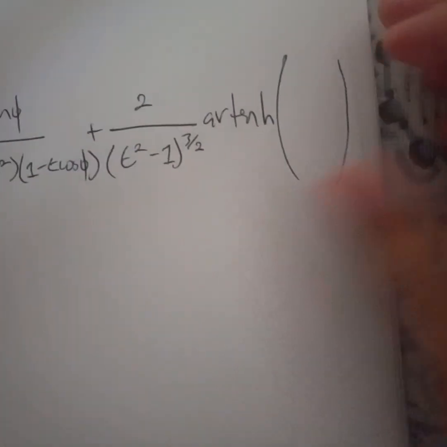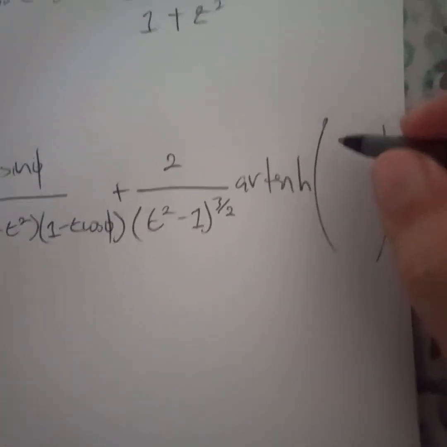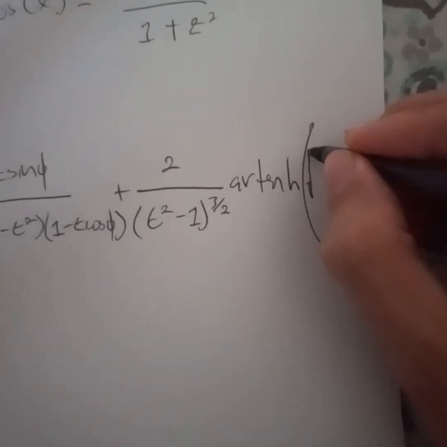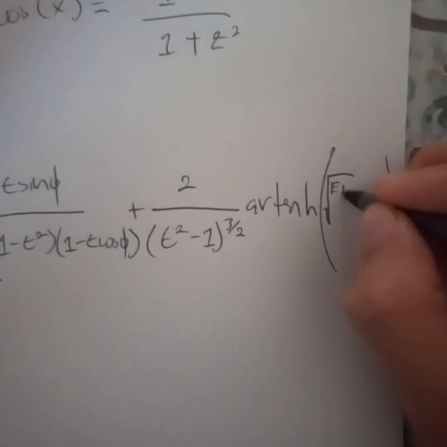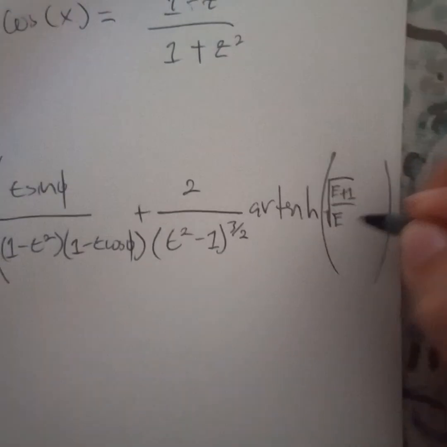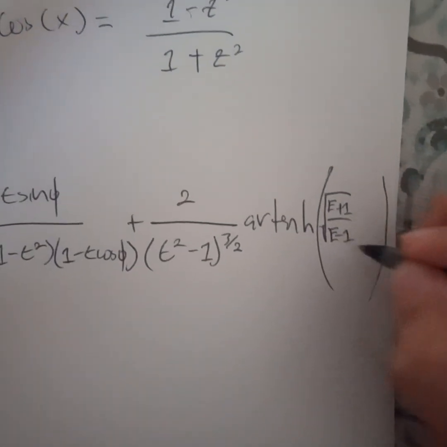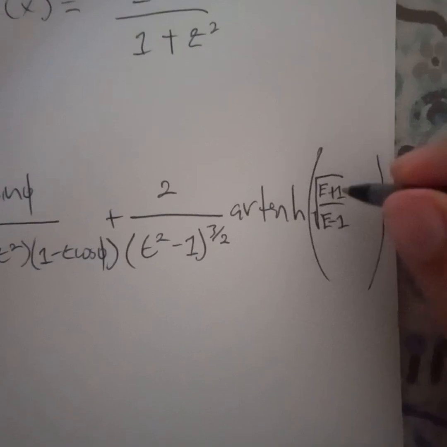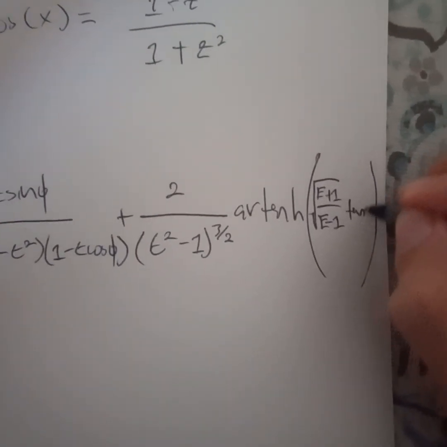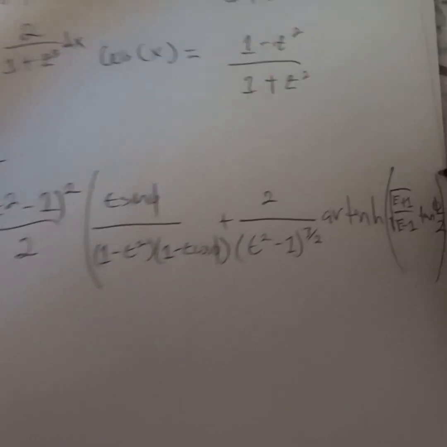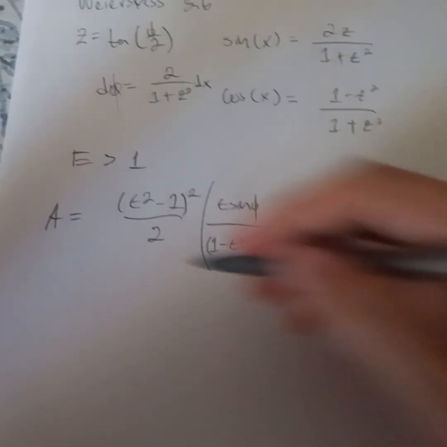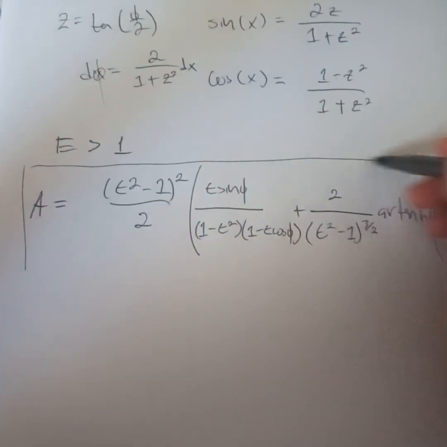I barely have any space. See if I could write, so the square root of e plus 1 over e minus 1 times tangent phi over 2. And then this thing here becomes the answer for that integral.